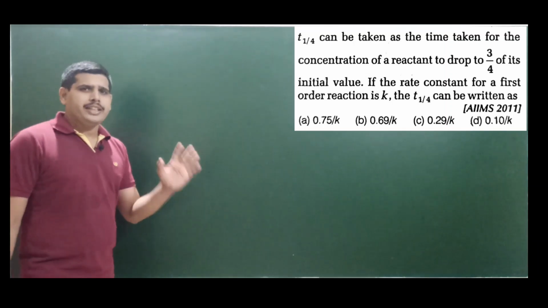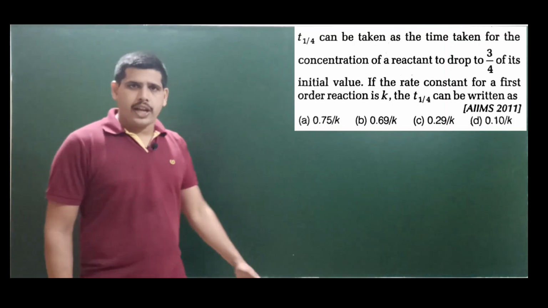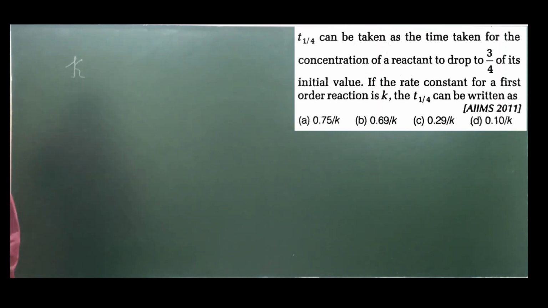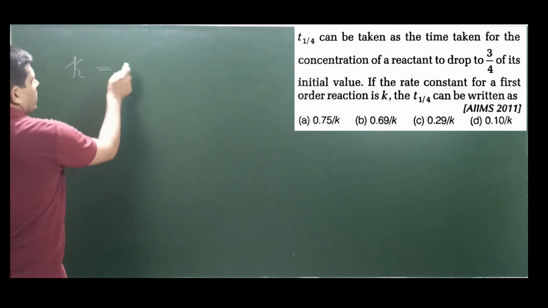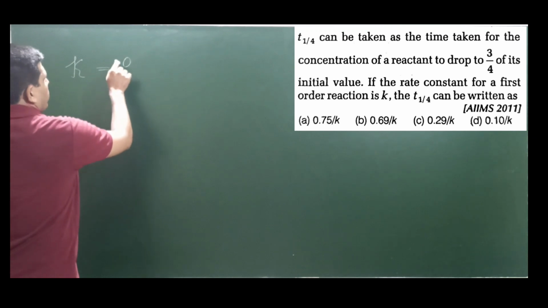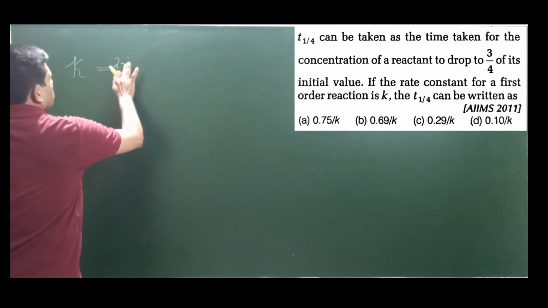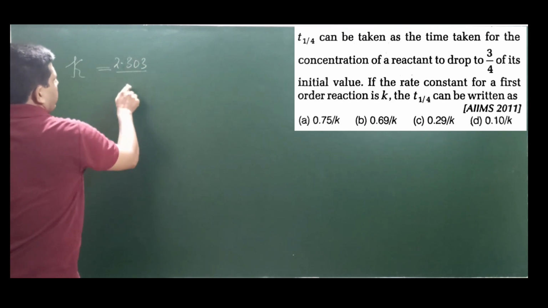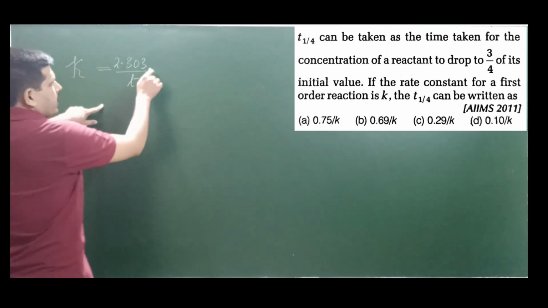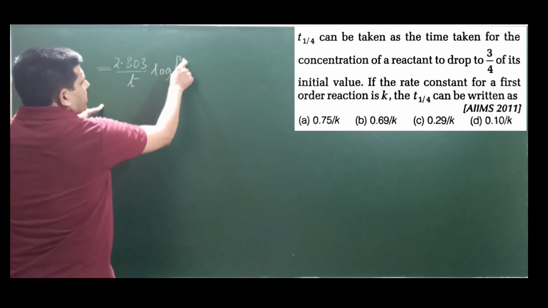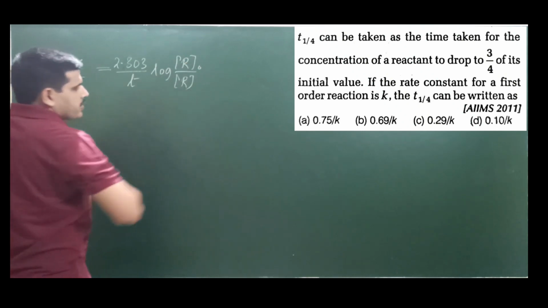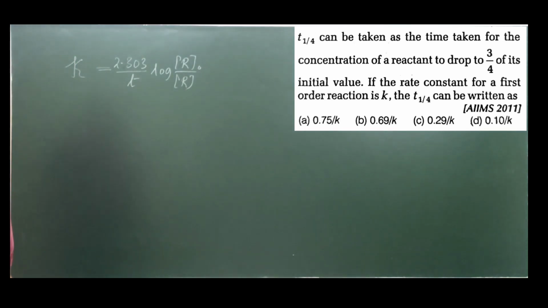Let us go for the integrated rate equation for a first order reaction. What is that equation, dear students? Yes, for a first order reaction the rate constant K is equal to 2.303 divided by time, into log of initial concentration R0 divided by R, isn't it? Yes. Now let us substitute.